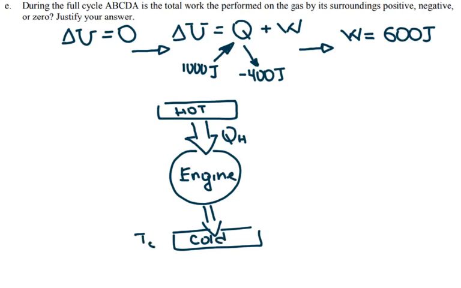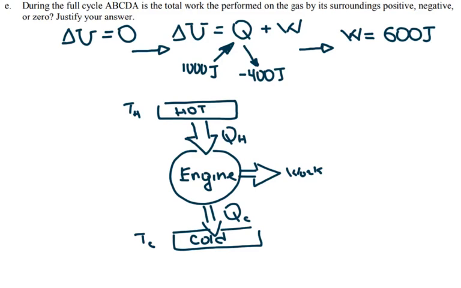This is T cold, this is T hot, this is Q cold, and the work is going to be done on the surrounding. So this is work. So because the work done on the surrounding is equal to 600 joules, it is positive work on the surrounding, but it is negative work for the gas.